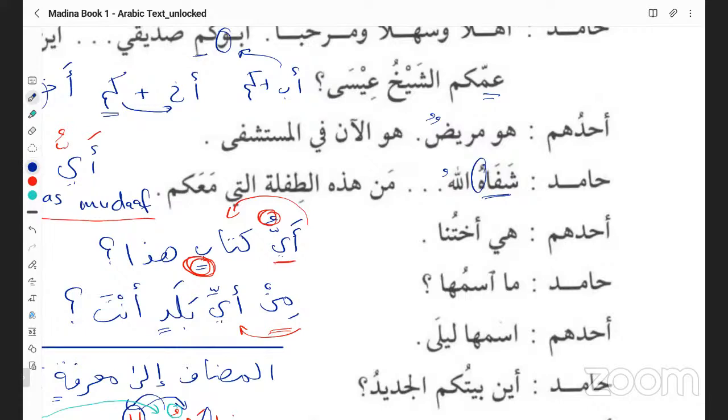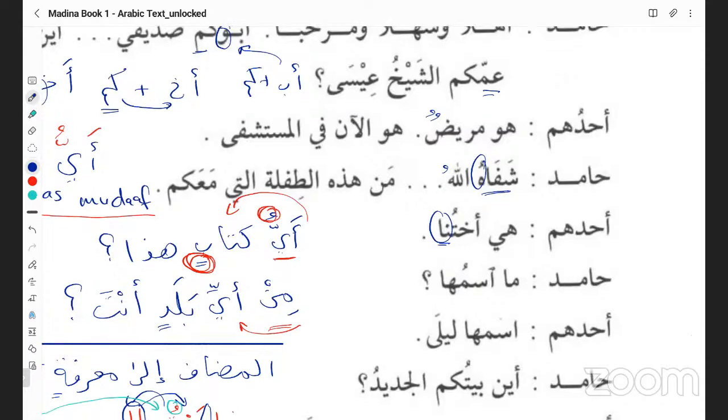Who is this female child that is with you? أحدهم, one of them. هي أختنا. Remember we said the na means we. So هي أختنا. She is our, نحن is we and na is our. She is our sister. أخت. She is our sister.